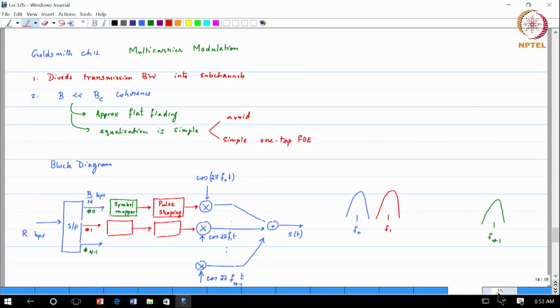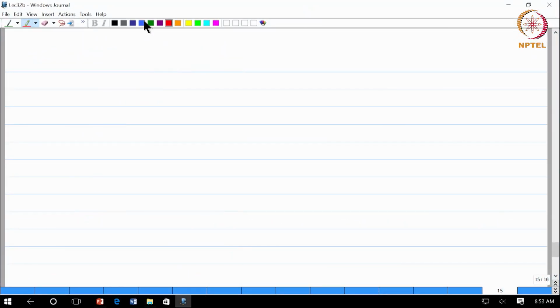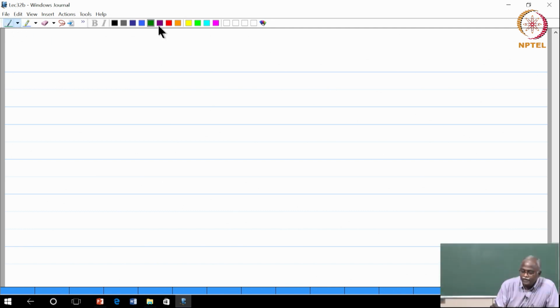So, the scenario for a telephone line was this. This is the magnitude of the channel gain as a function of frequency. Okay. The telephone line had a response that looked something like this.